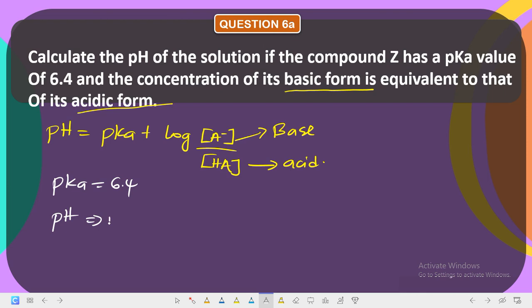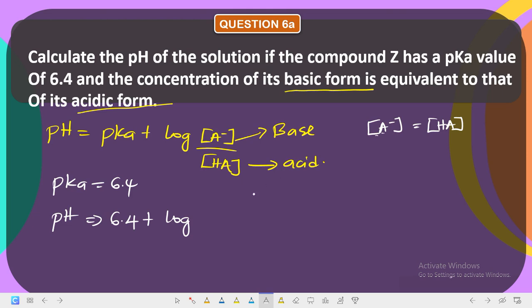Now, pH is pKa, and pKa is 6.4, plus log. Now, I said the concentration of acid is equal to that of base. So we can say that our A minus is equal to HA. It means in place of A minus we can put HA, and in place of HA we can put A minus, and vice versa.